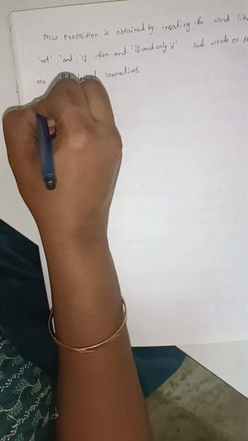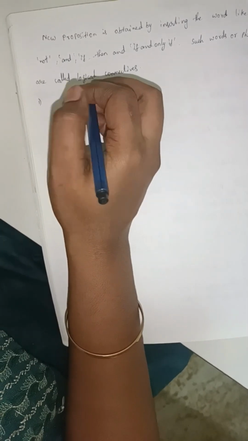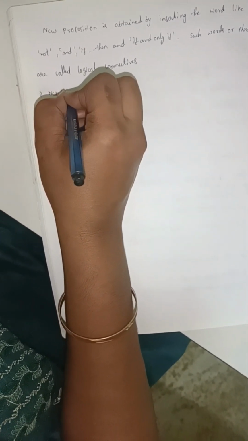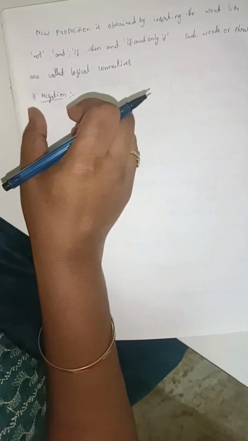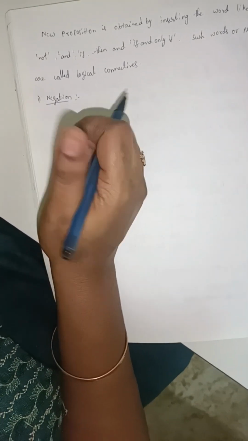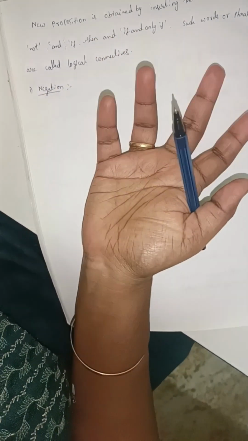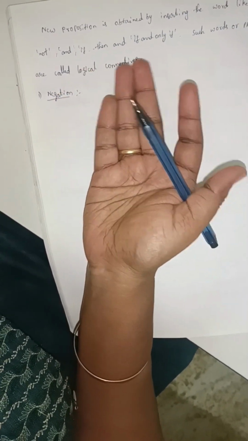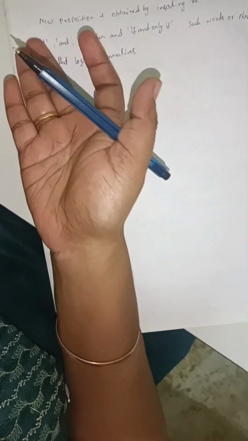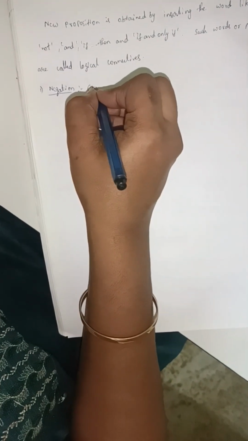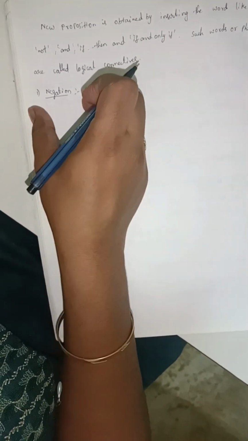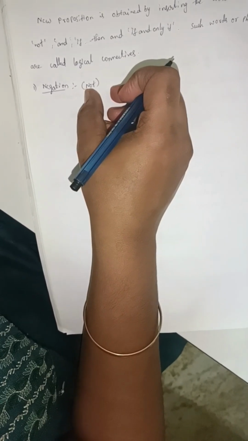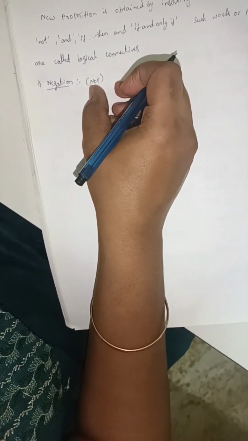The first one is negation. Negation means, what do we use in the logical connective for negation? Not. Negation means we insert the word not in the proposition.